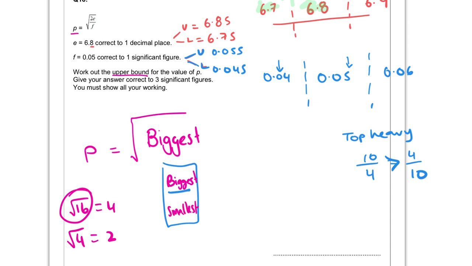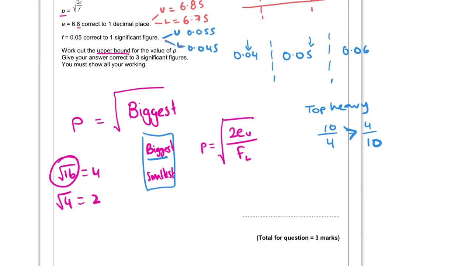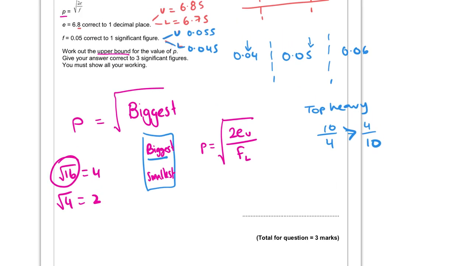So I'm going to get P equals the square root of the biggest numerator, which would be using my uppers of E, divided by my smallest denominator, which would be using my lowers of F. So it's going to look like this.